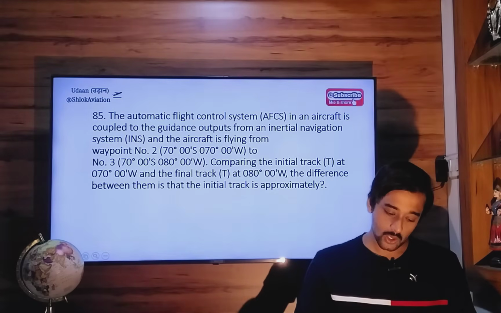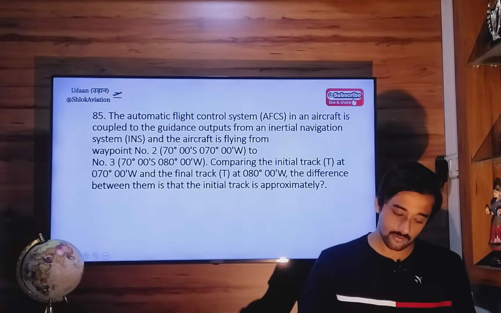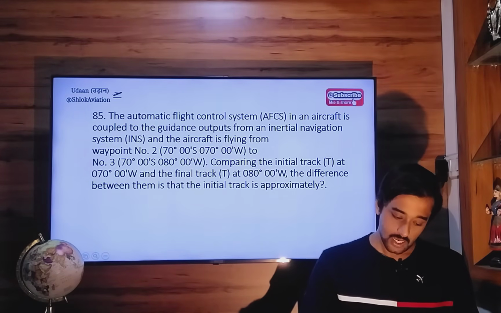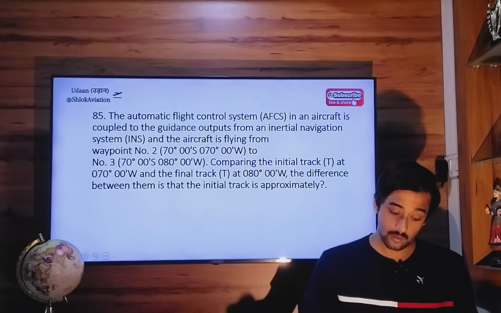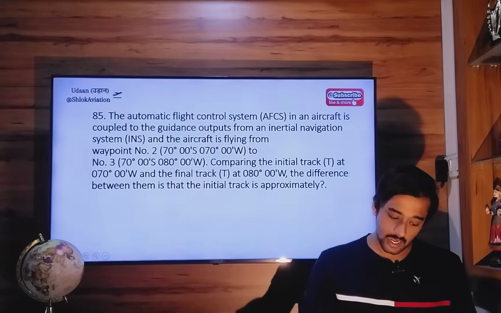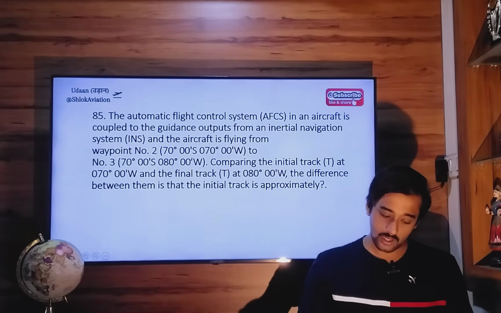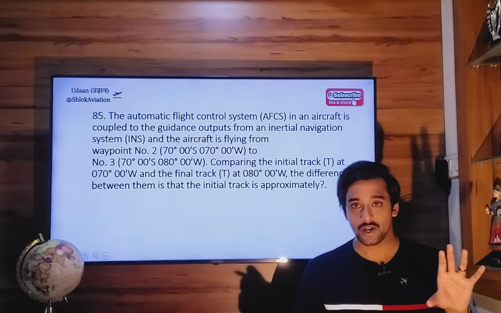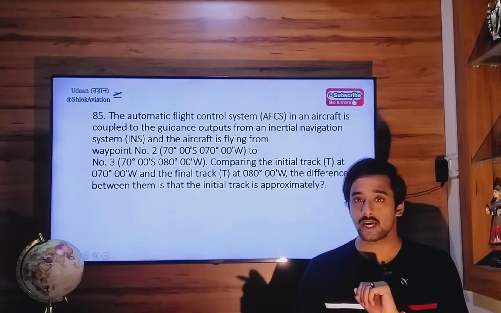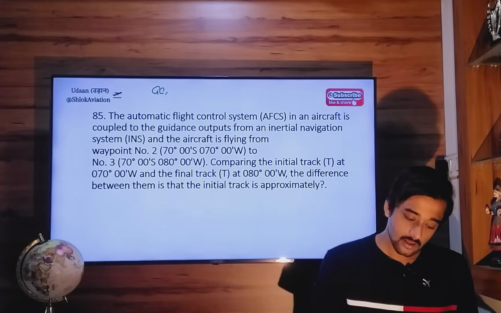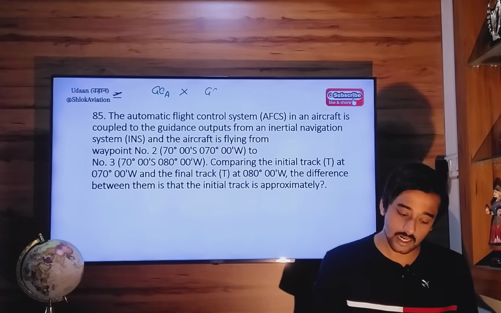85. The automatic flight control system in an aircraft is coupled to the guidance outputs from an INS. The aircraft is flying from waypoint 1, waypoint 2 towards waypoint 3. Comparing the initial track and the final track, what is the difference between them? So we have to find the difference between the great circle track at A and the great circle track at B. The difference between two great circle tracks, by definition, is convergency.